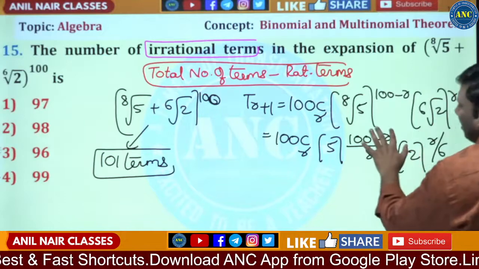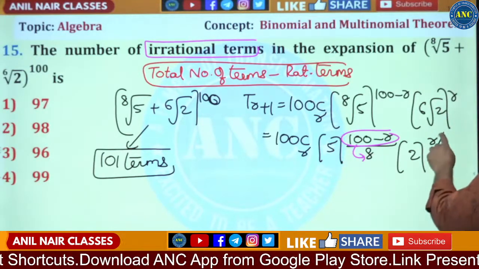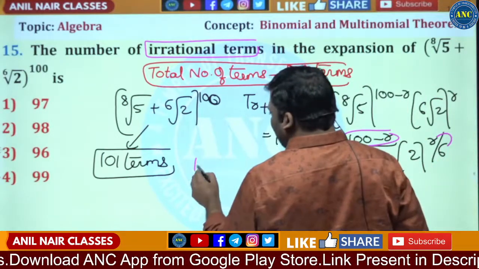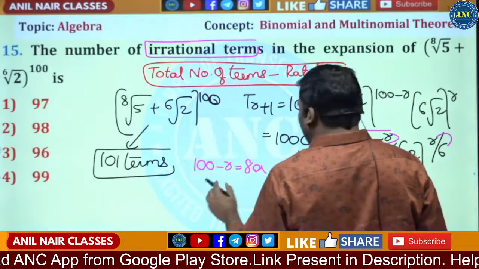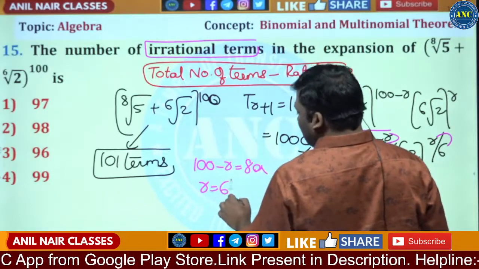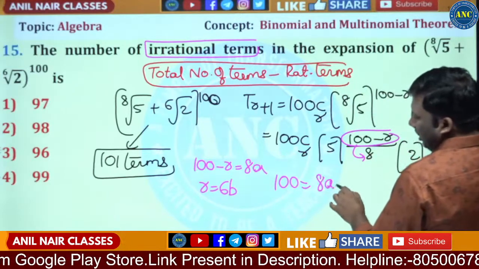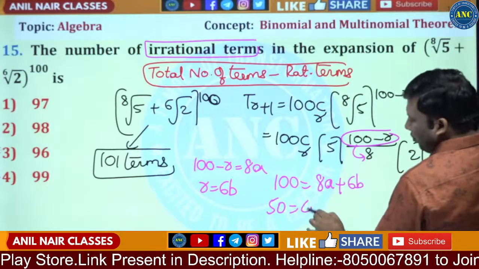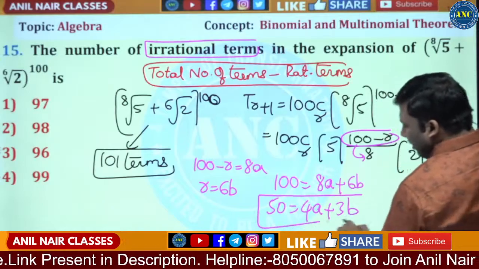Same process we did. 100 minus R should be divisible by 8, and R should be divisible by 6. So 100 is equivalent to 8a plus 6b. If I divide by 2, 50 is equivalent to 4a plus 3b.